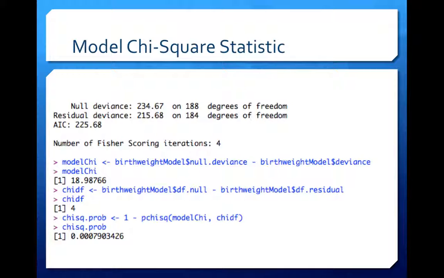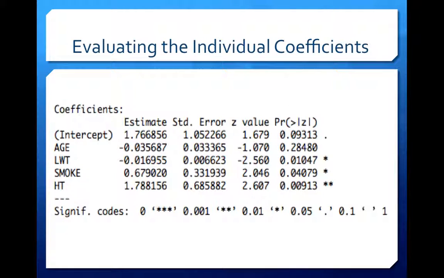After looking at the model as a whole, I wanted to look at each individual coefficient. So this is a screenshot of the information given by the logistic regression regarding all 4 of our predictor variables. So to interpret the estimate for age, you would say that for every 1 unit change in age, the log odds of a baby being born with a low birth weight decreases by 0.03567.